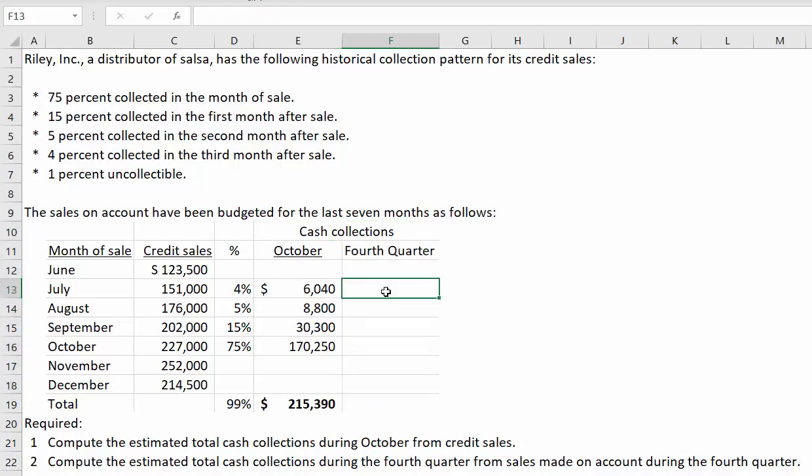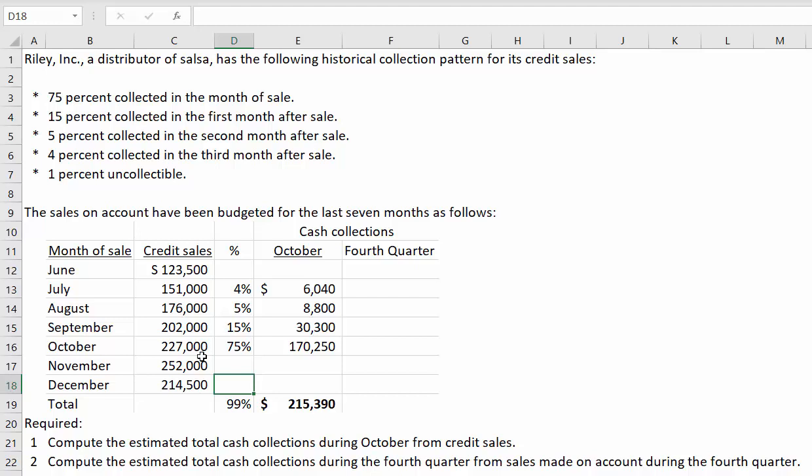Okay, so in the fourth quarter, we've got a little bit of math to do. Now, we can't rely on these percentages because now they change. But what we can do is proceed with the rules. 75% is collected in the month of sale.